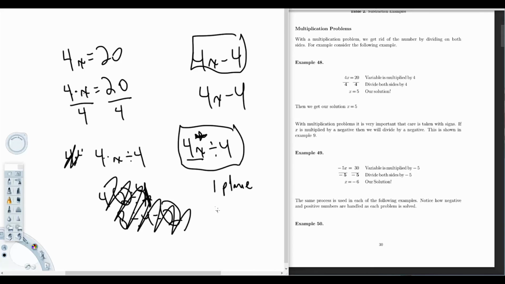The same way that if I have 1 plane and I multiply it by 4, I have 4 planes. Notice that's very different from saying 4x minus 4. 4 planes minus 4, you don't know. It doesn't subtract the number of planes. It could be anything. It could be flies. But it's just 4.